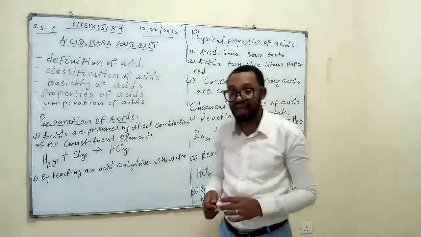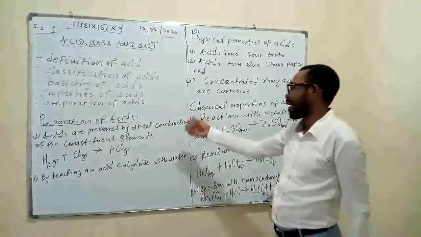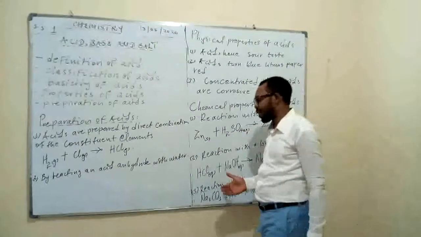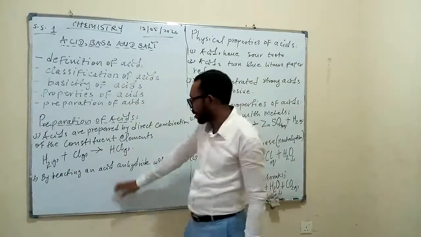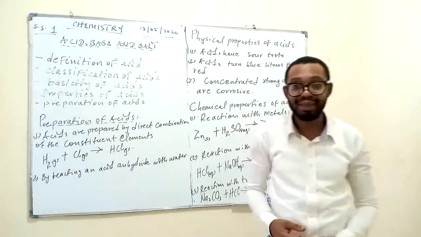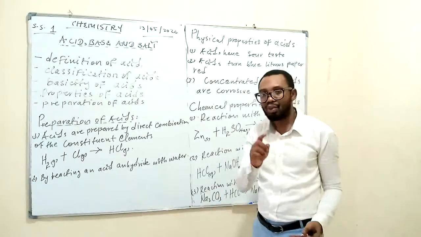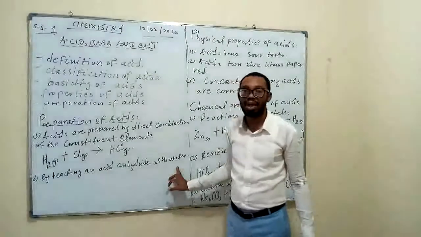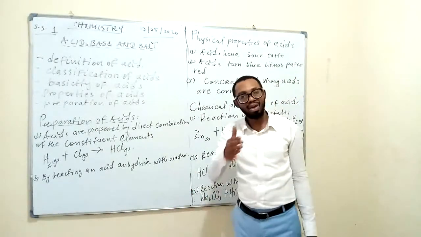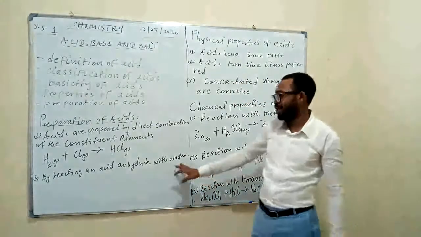Reacting acid anhydrides with water is another method of preparing acid. Now, in this method, you will want to understand what is anhydride. Acid anhydrides are oxides of non-metals which, when dissolved in water, will produce an acid.